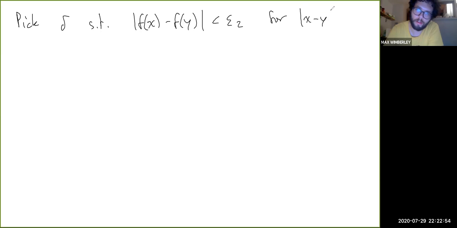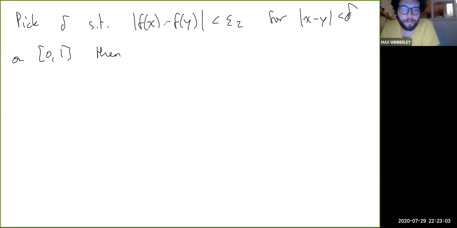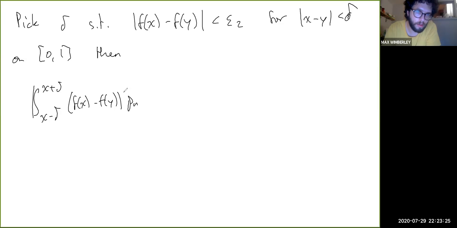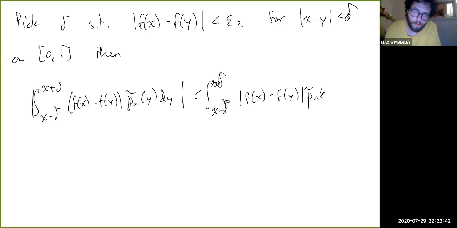But if we pick delta such that the absolute value of f(x) minus f(y) is less than epsilon 2 for the absolute value of x minus y less than delta on [0, 1], then the absolute value of the integral from x minus delta to x plus delta of f(x) minus f(y), Pn tilde of y dy, is less than or equal to, by the triangle inequality for integrals, the integral from x minus delta to x plus delta of the absolute value of f(x) minus f(y), Pn tilde of y dy.